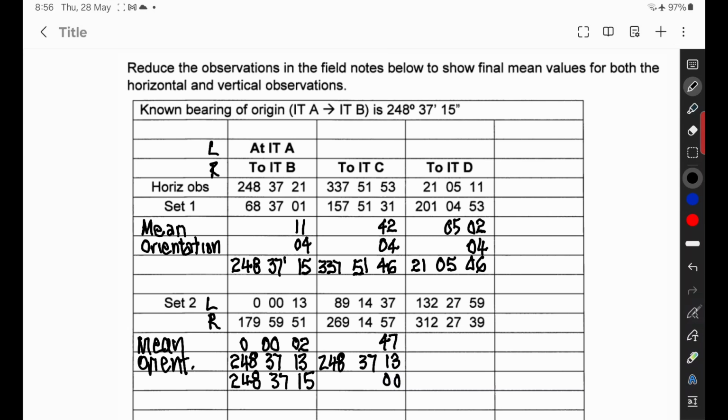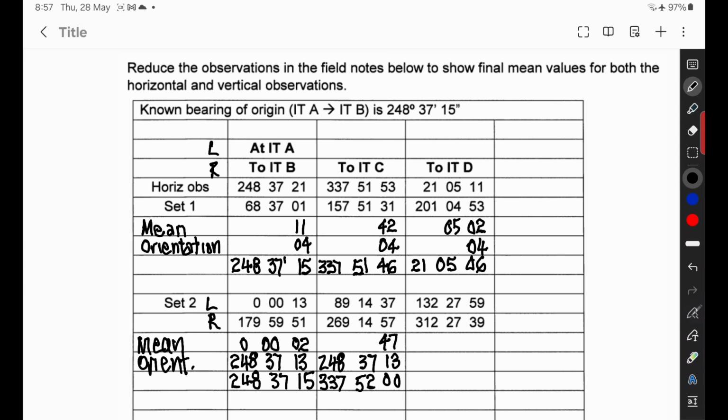Okay, 37 and 14 is 47, 51, that's 52. 248 plus 89, 9 and 8 is 17, 8 and 5 is 13, 3, 337, 52, 00.